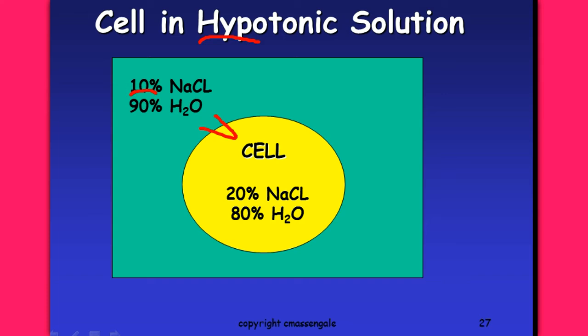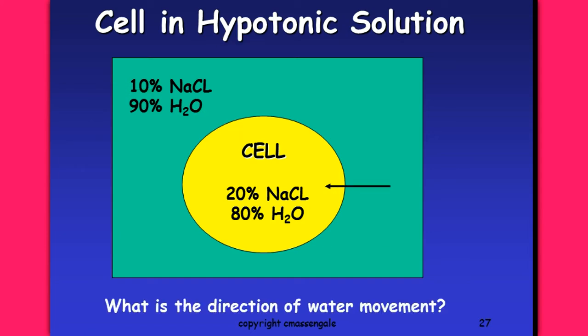And that's what I'm trying to depict there with my little red greater than sign. Because what that does for me is it helps me to see that water is going to go into the cell. So exactly what's going to be the net movement of water? The result is the water is going to move to the inside of the cell.